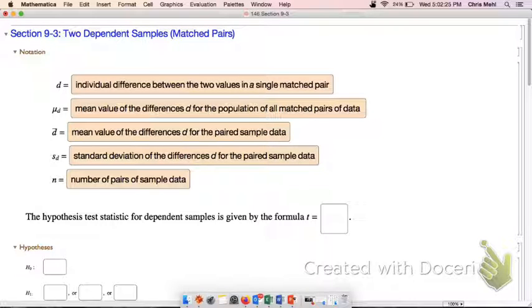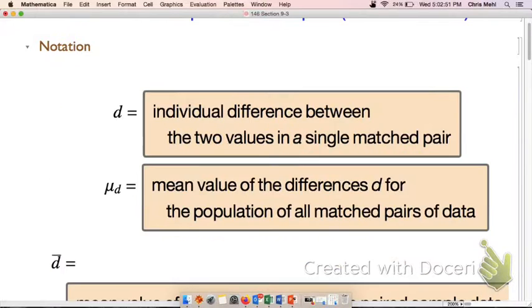Now the test statistic. We're going to be doing hypothesis testing to test claims made about the mean of the differences between the matched pairs in the population. That test statistic formula is d bar minus mu sub d. Let me increase the size here just a moment. Scroll down. There we go.